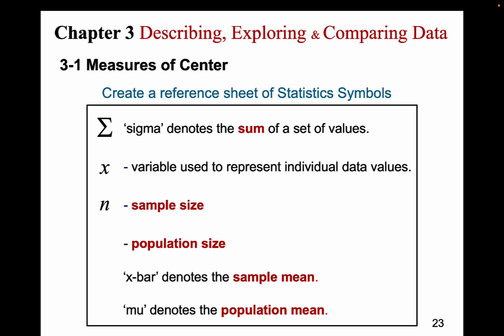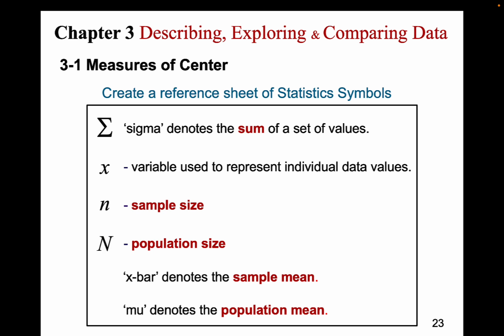Lowercase n, like I was talking about, will always represent our sample size. We know a sample is smaller than the full population. The sample is a subset. So in the carbon monoxide detectors example, lowercase n was equal to 30, and the population was 38 million.